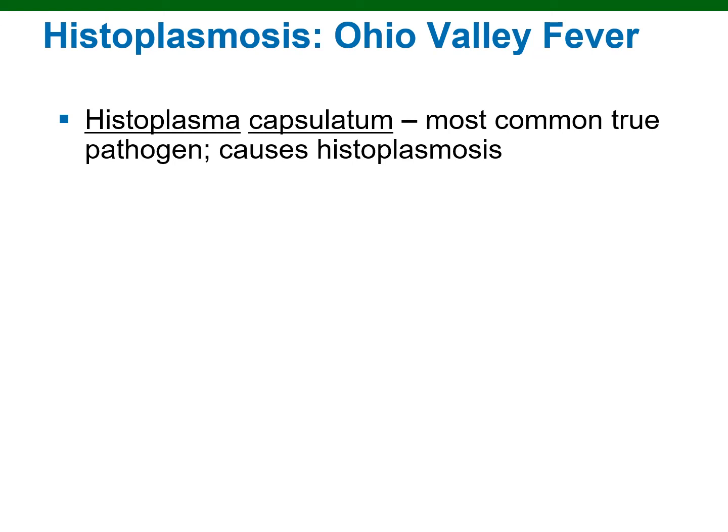Histoplasmosis, also referred to as Ohio Valley fever, where it has high prevalence, is caused by a fungal pathogen, Histoplasma capsulatum, and it is the most common of the true fungal pathogens. Histoplasmosis is found in other places around the world, but in any case, it's a dimorphic organism that can take on both mold forms out in the environment and then yeast forms as spores from the mold are inhaled into the lungs.